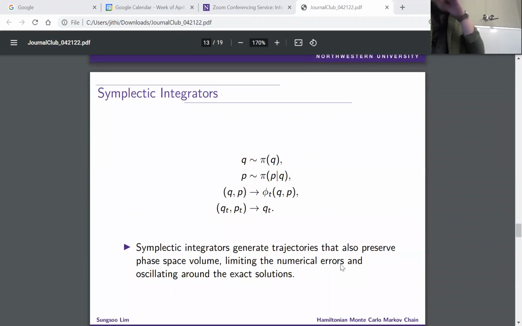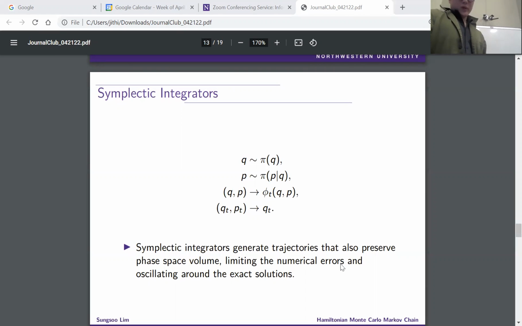So now that we have the general structures of the Hamiltonian and the conditional probabilities, the basic step of the algorithm is that we first sample the momentum variable from the conditional probability that we define.